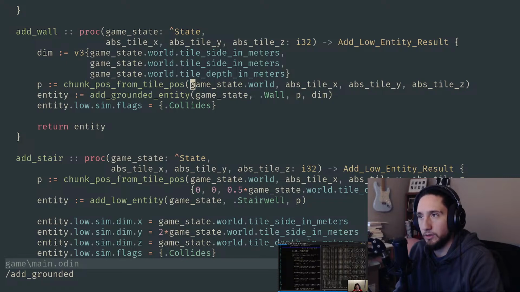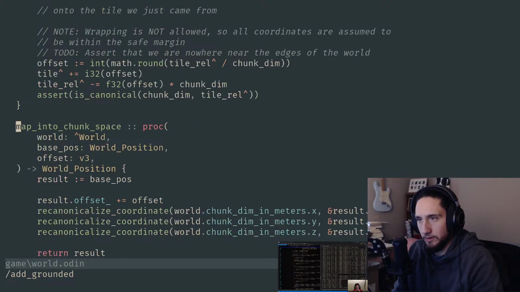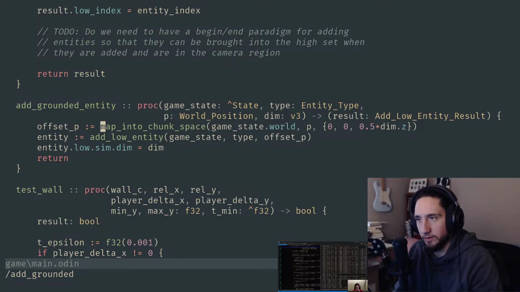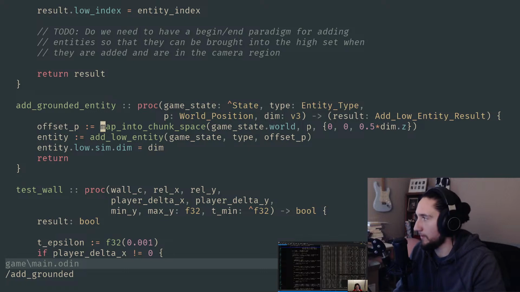What did I do? We didn't change much at all. And what we did change shouldn't be just causing it to explode. Map into chunk space. Like, are we hitting an assert and it's just not telling us what assert we're hitting? It wouldn't be the first time.